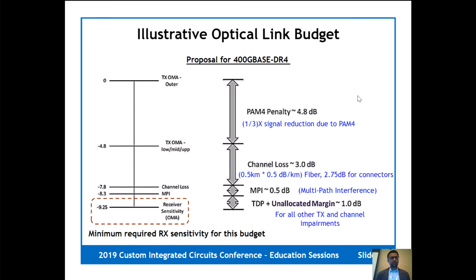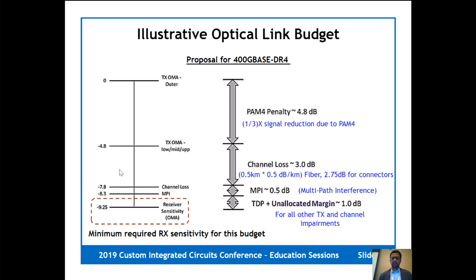The optical link budget side is relatively more straightforward, and it's more of a spreadsheet type analysis where there are loss budgets for different components in the signal chain, and you add them up either to figure out what your transmit optical power needs to be, or for a given transmit optical power, what your receiver sensitivity needs to be.